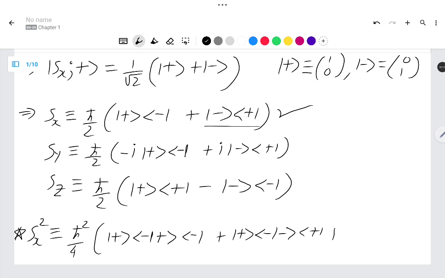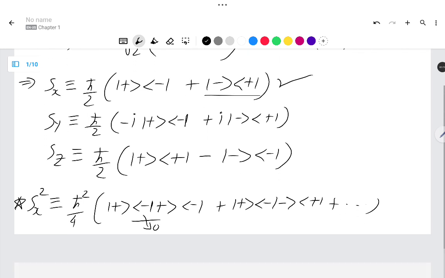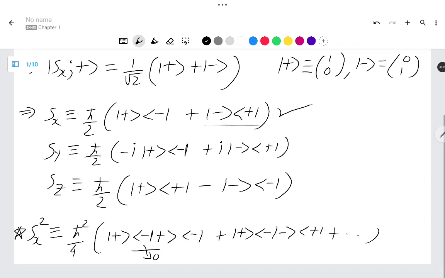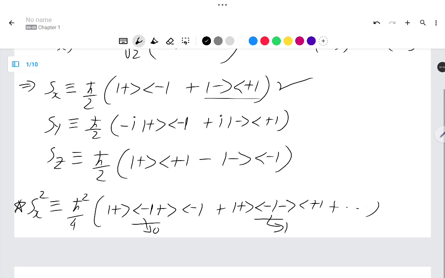And the same part will be repeated. So this will be 0, and this term will give 1 because the states are normalized.